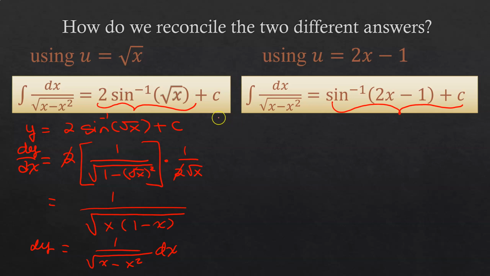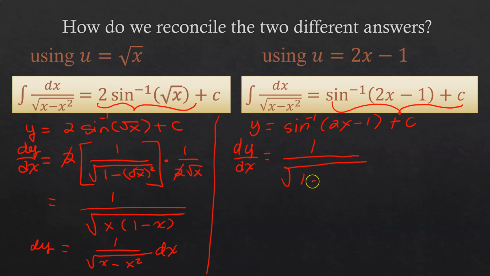Okay, on the other side, let's do the same. Let y be inverse sine of 2x minus 1 plus c. Let's go and take the derivative. dy dx will equal the derivative of inverse sine, which is 1 over square root of 1 minus u squared, which in this case is 2x minus 1, multiplied by the inside derivative, which is 2, and then the derivative of a constant c is 0.